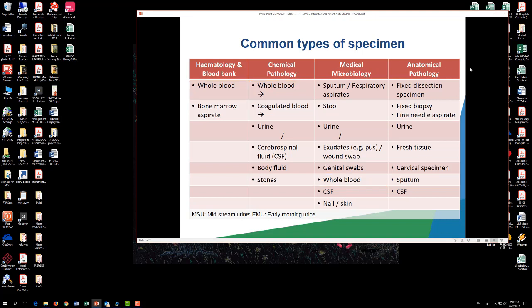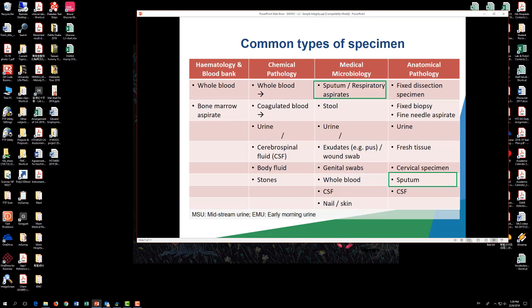Each discipline has its common types of specimen, but you can see blood is the most common type of sample. The other one is urine.